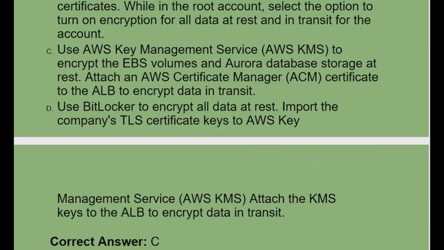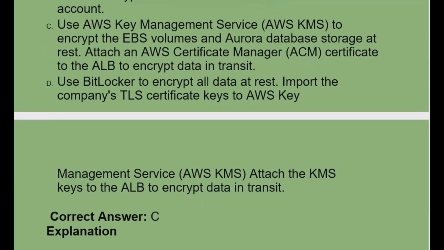Option D, use BitLocker to encrypt all data at rest. Import the company's TLS certificate keys to AWS KMS. Attach the KMS keys to the ALB to encrypt data in transit. Correct answer is option C.